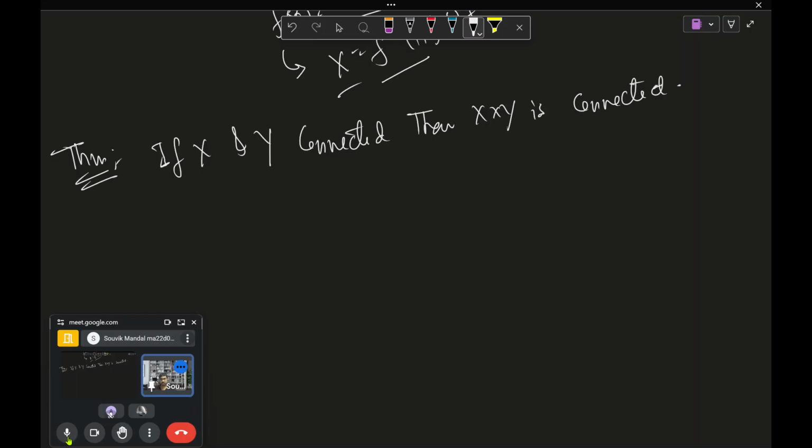So this is one of the important theorems. Now the point is that this cannot be proved by the contradiction method. This has to be proved in a very direct way.